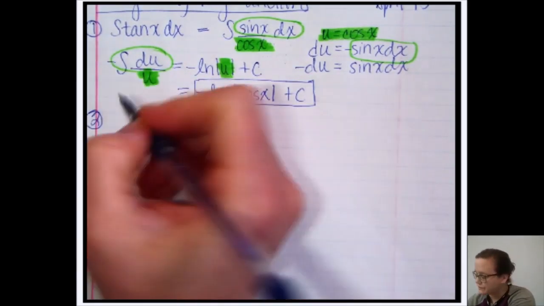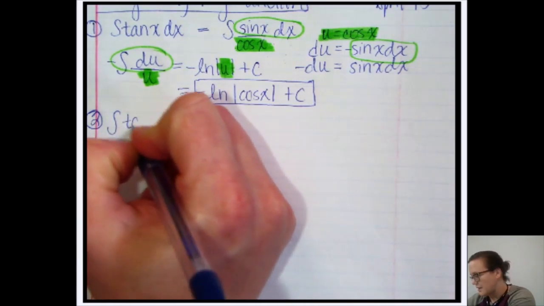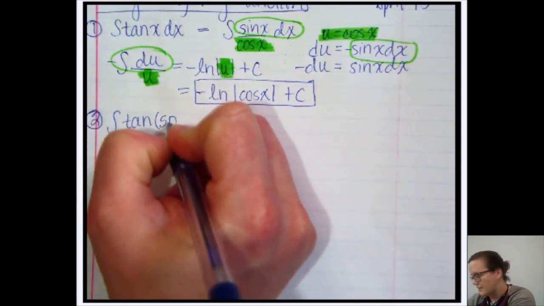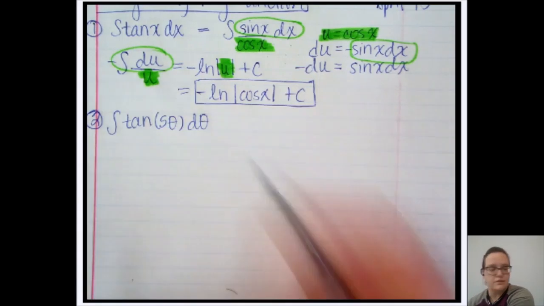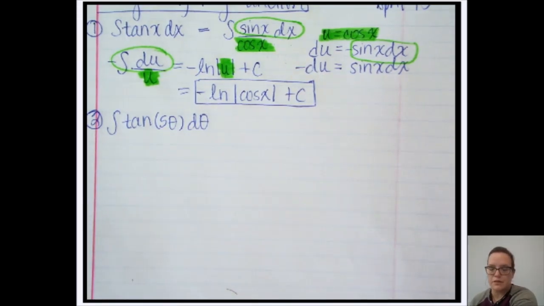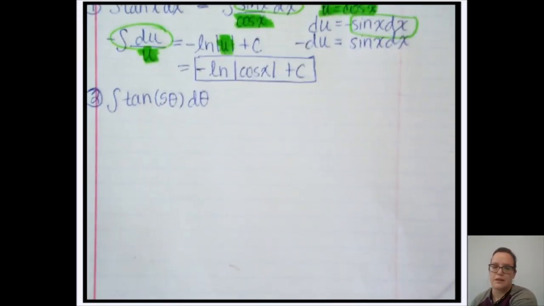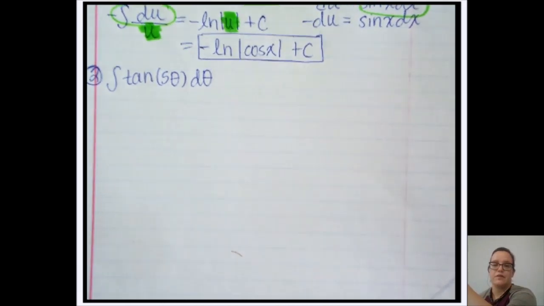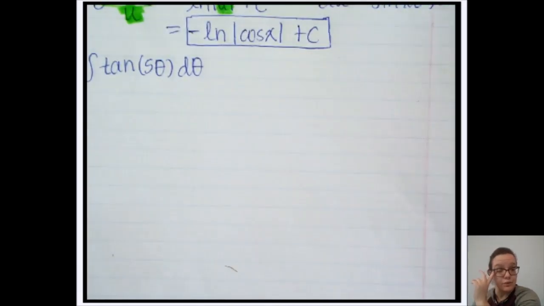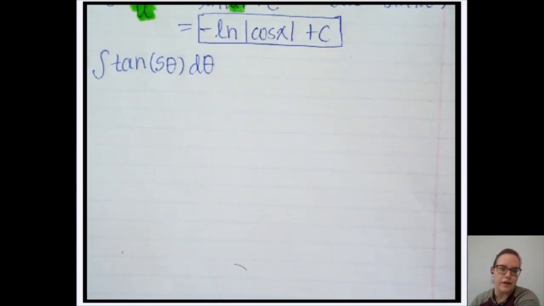Okay, so let's take the tangent of 5 theta d theta. So now that we've actually looked at the rules, I'm fine with you using the rules instead of actually deriving this.